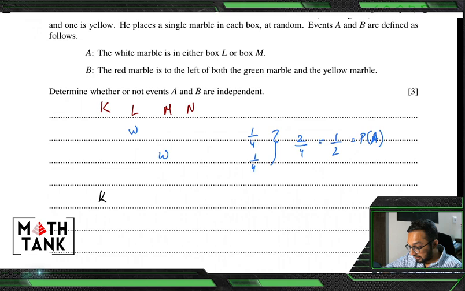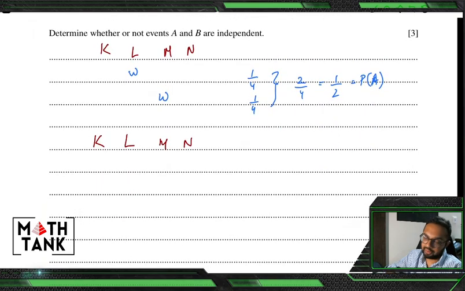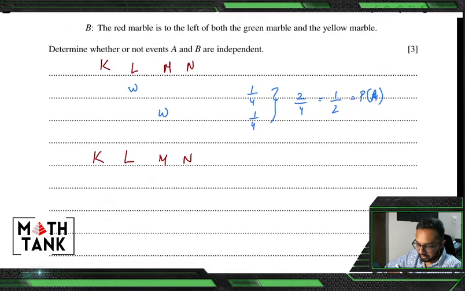now this is something that poses a lot of questions. Now I will have to think about the order, which means that I will calculate my probability using permutations. So I want the red marble to be on the left of the green and the yellow marbles. So the red could be here and the green and yellow could be anywhere here. That gives me 3 factorial, and the total number of arrangements is 4 factorial.